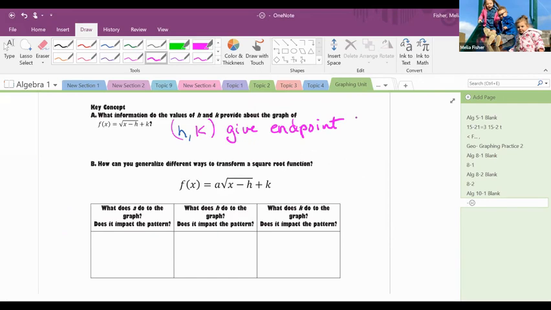So when we look at this again, we have our A value. What does our A value do? It determines steepness. Another way to call that is vertical stretch or compression.